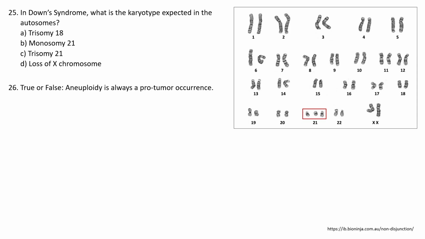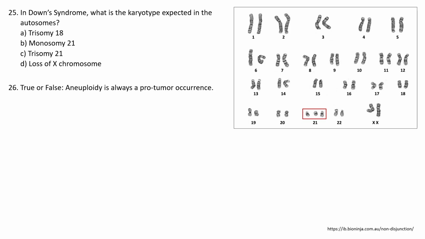True or false? This kind of goes back to what I talked about when it comes to aneuploidy and cancer. Is it true or false that aneuploidy is always a pro-tumor occurrence? So I was talking about selection, right?